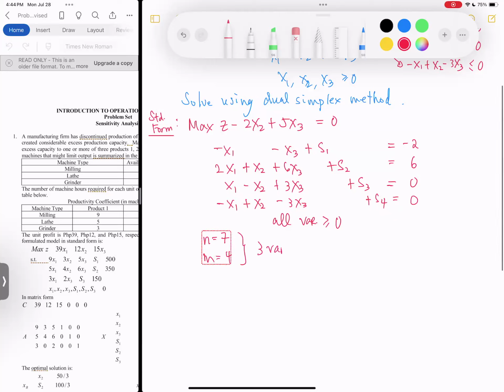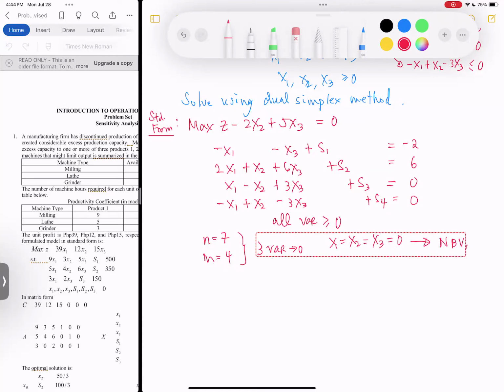So 3 variables assume 0. And what are those 3 variables? X1, X2, X3. Okay. So x1 equal to x2 equal to x3 equal to 0. These are your non-basic variables.